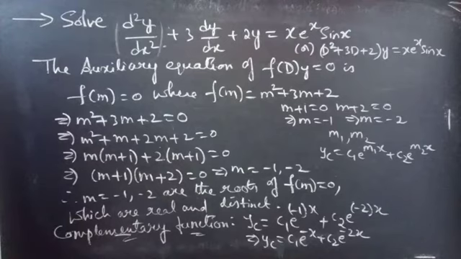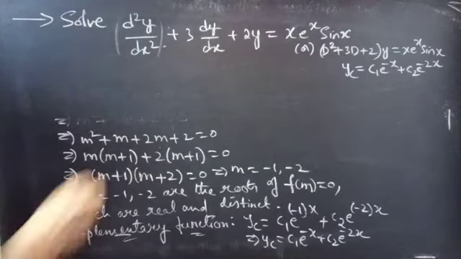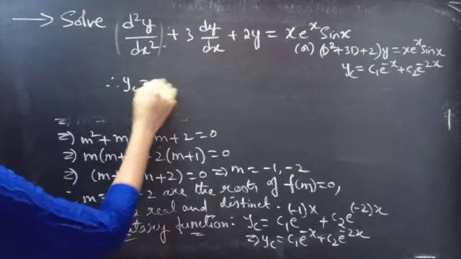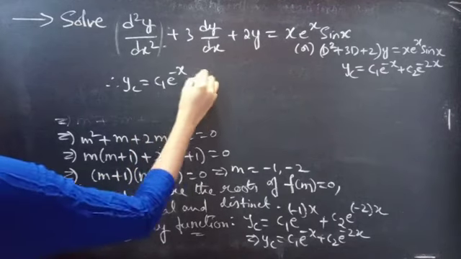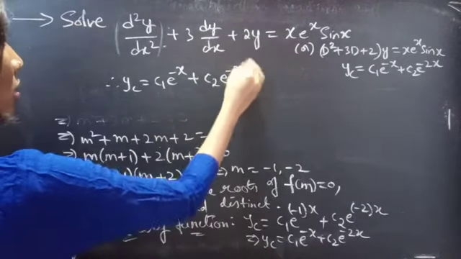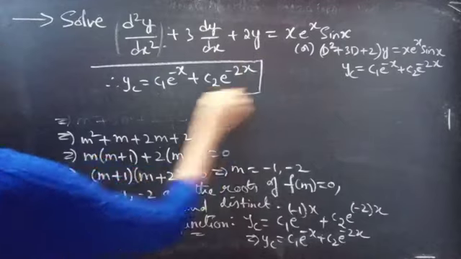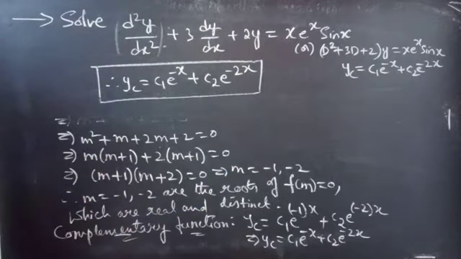Let's find yp. Therefore, yc = c1 e^(-x) + c2 e^(-2x). Now we are going to find yp.